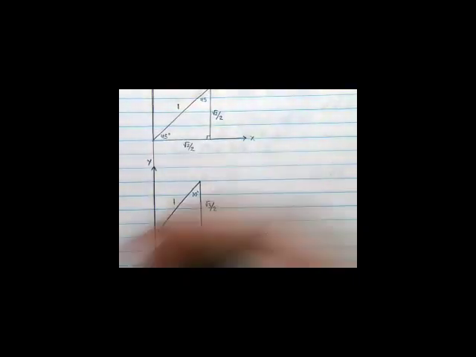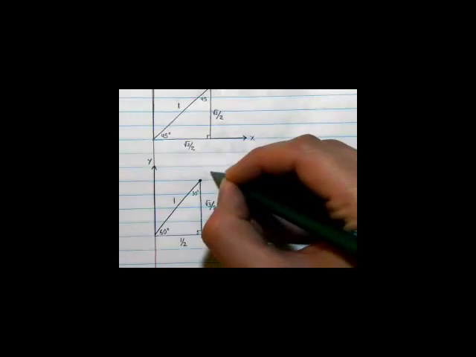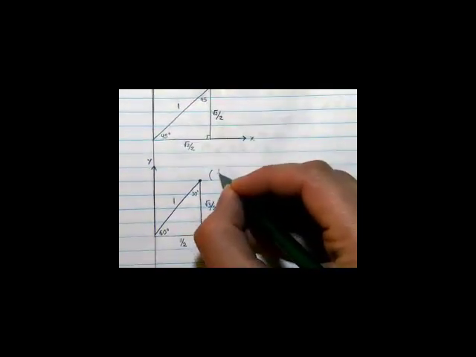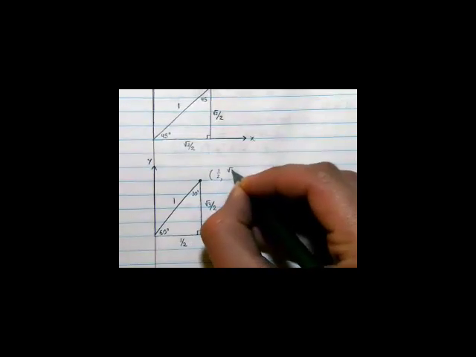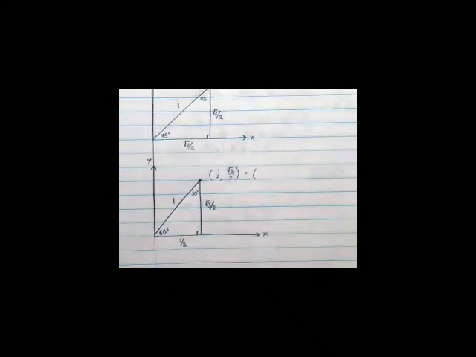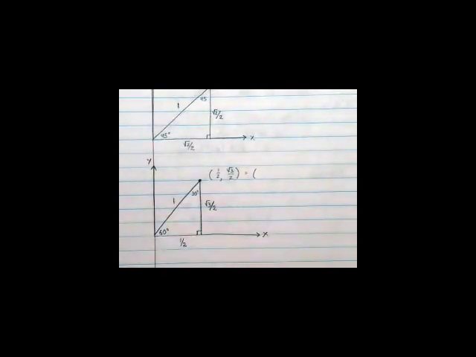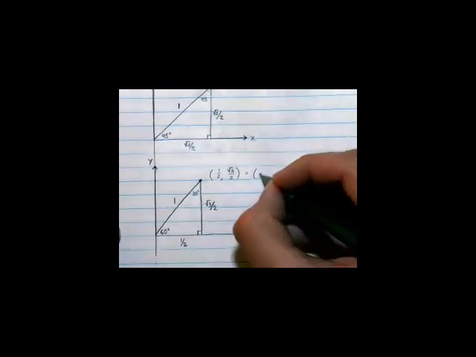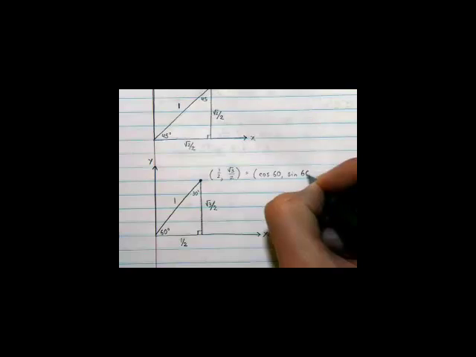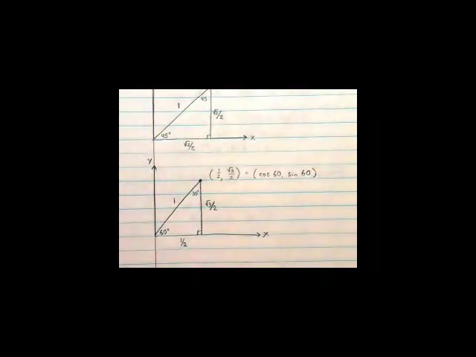Okay, so, coordinates of this point up here then, x, y, should be 1/2, square root 3 over 2, which is the same as doing what? Cosine 60, sine of 60. Right? Again, the adjacent over the hypotenuse, the opposite over the hypotenuse. Okay, so that's doing that for a 60-degree angle.